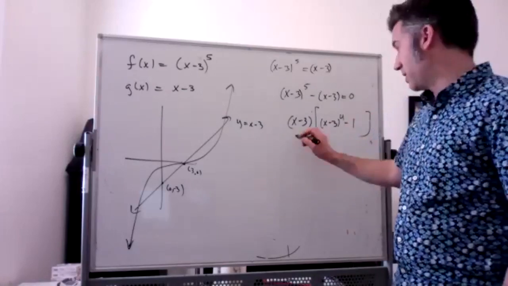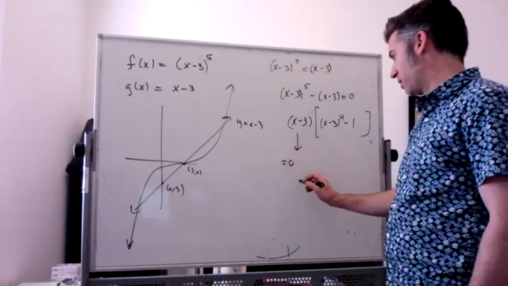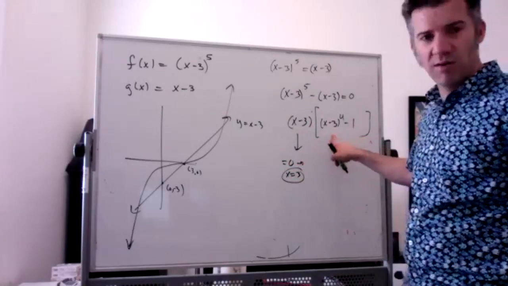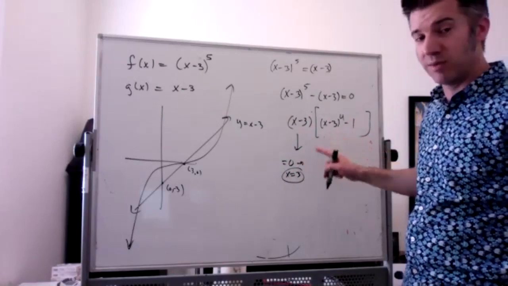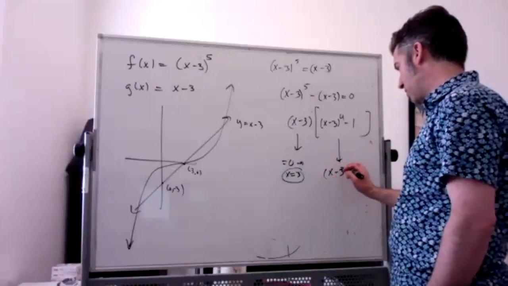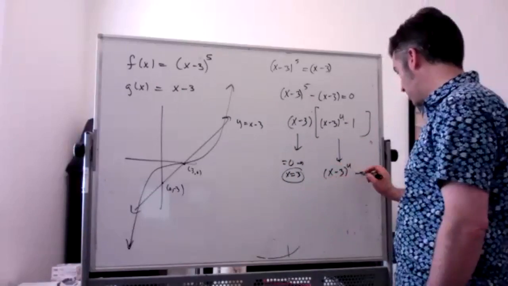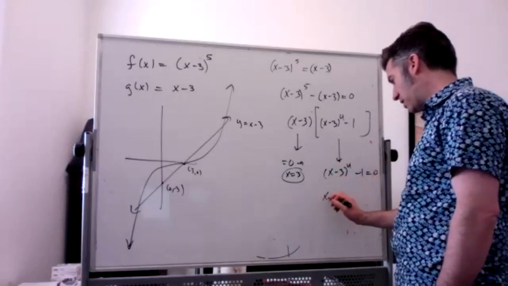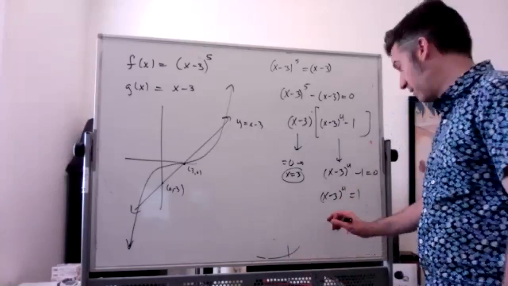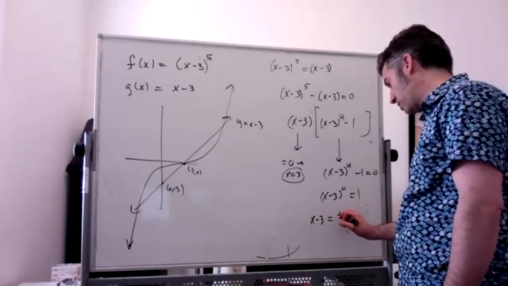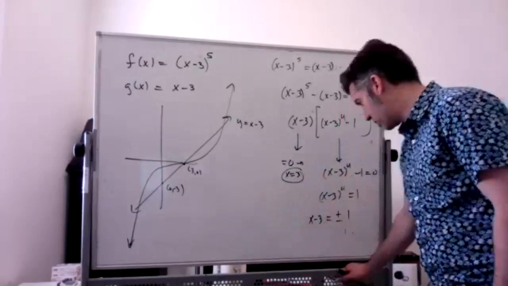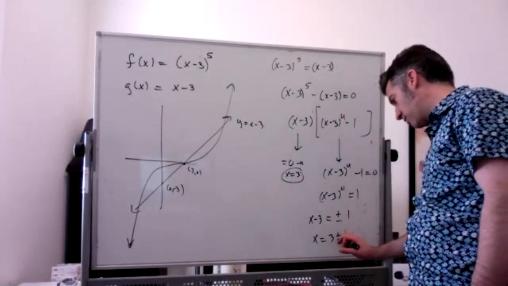So I'm going to set this equal to 0, and I'm going to get x equal to 3. Setting the other factor equal to 0 looks kind of terrible until we realize we can be smart about it. We can just say I'm going to set x minus 3 to the 4th minus 1 equal to 0, which is going to give me x minus 3 to the 4th equal to 1, which means x minus 3 could be plus or minus 1, which means x is going to be 3 plus or minus 1.